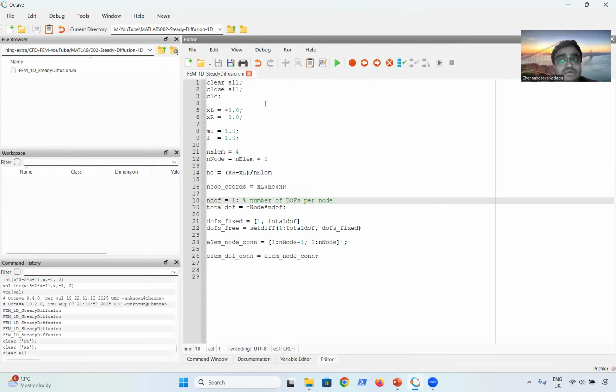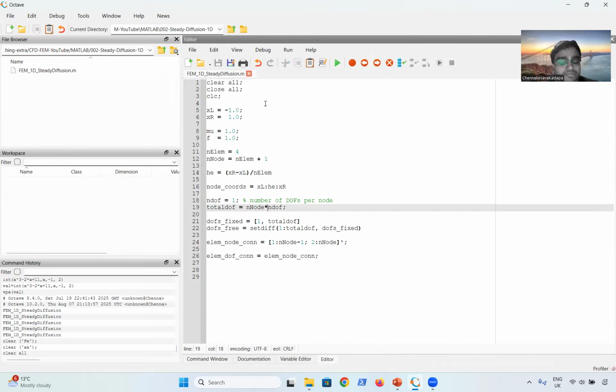We know that there is only 1 degree of freedom for each node, so NDOF is 1. If you multiply the number of nodes by NDOF, we get total DOF, the total degrees of freedom in this problem. Of course, total DOF is equal to Nnode because NDOF is only 1, but it is good practice to do this for the future.